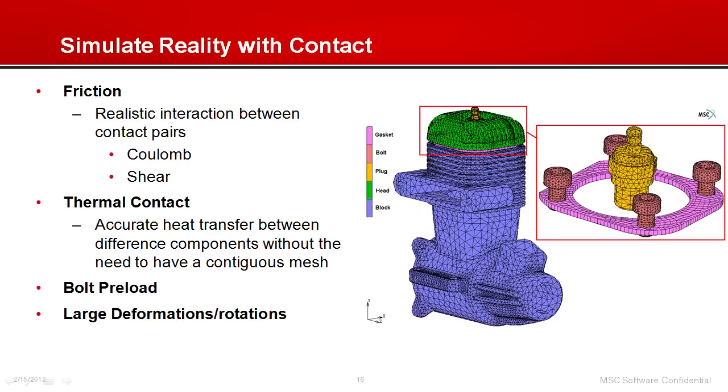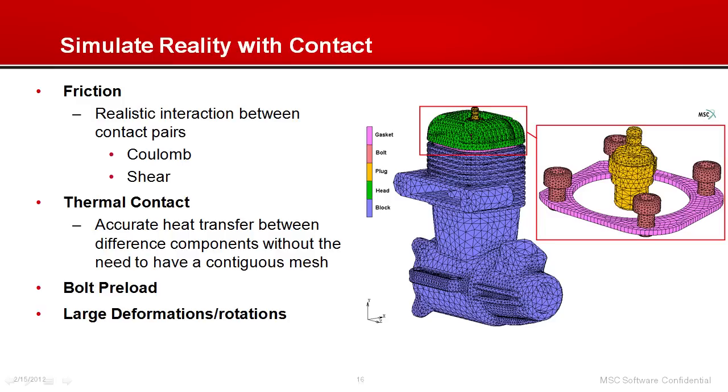Okay, so coming back here to the contact implementation in Nastran. No contact would be correctly implemented without the friction capability, and we do have two friction models implemented in Nastran.